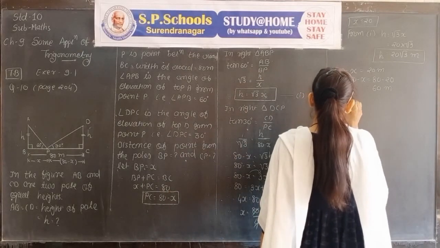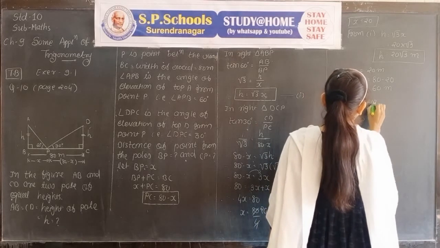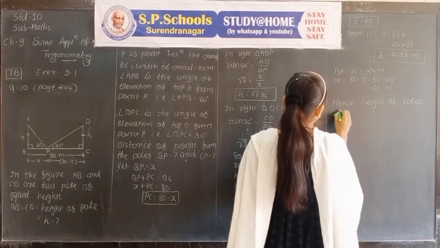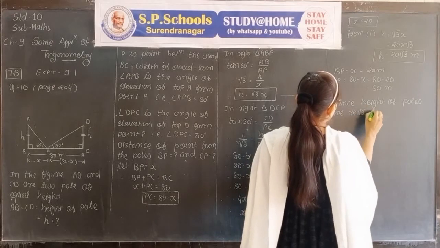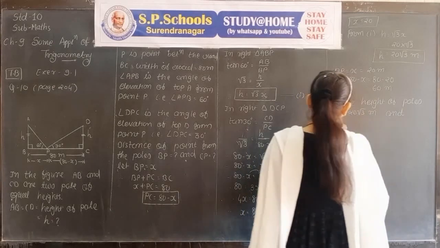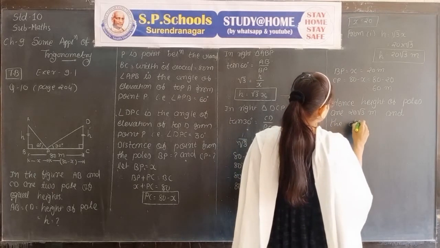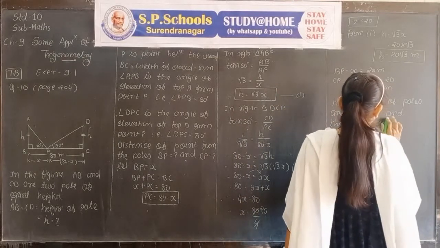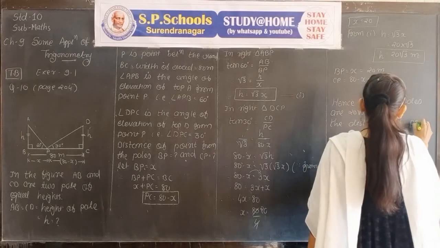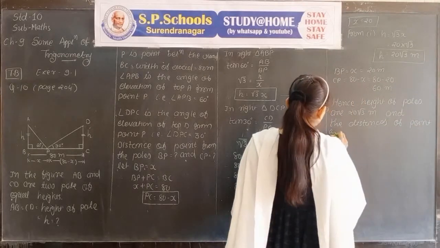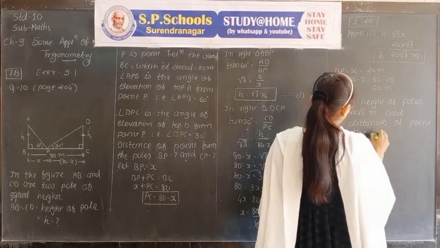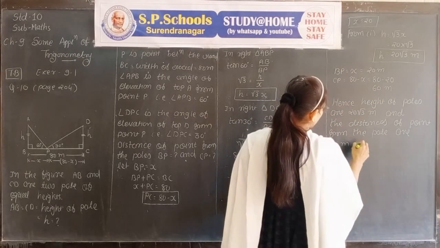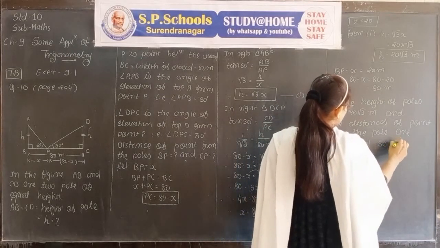Hence, height of poles are 20 root 3 meter and the distances of the point from the poles are, one is 20 meter and another is 60 meter.